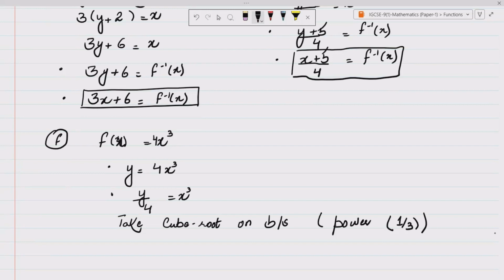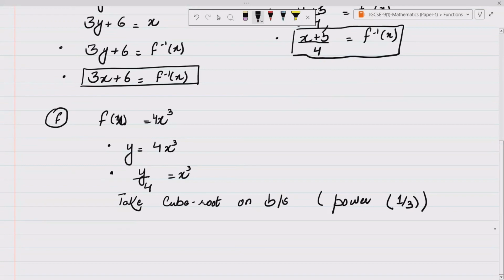Because we have to cancel out this 3 with 1 upon 3. What is the second step? In the second step, we have to find the value of x. Right now we have the value of x cube. We don't need it. We have to find the value of x. So to eliminate the power, always take a reciprocal of this power on both sides.